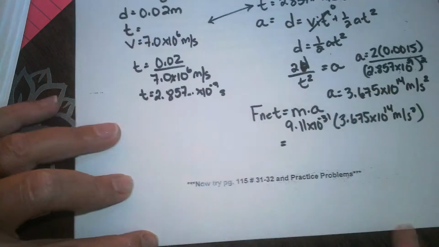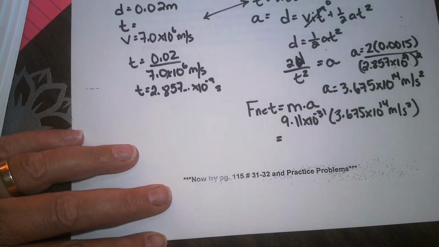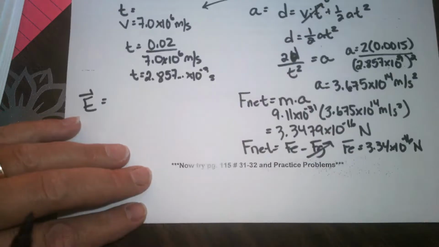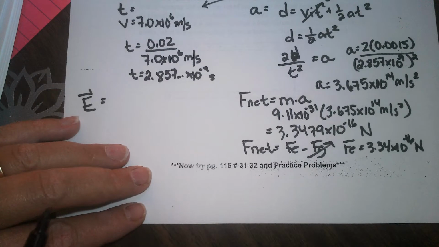So my force net would be equal to what? I just cheated because I know that I'm not going to use that number anyways. Like 3.348 times 10 to the negative 20.